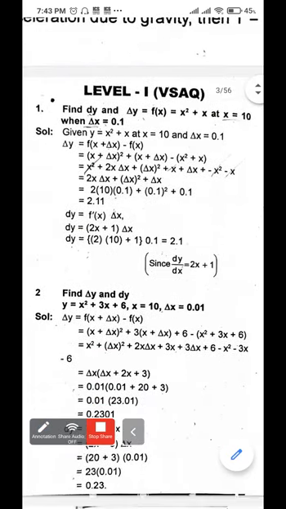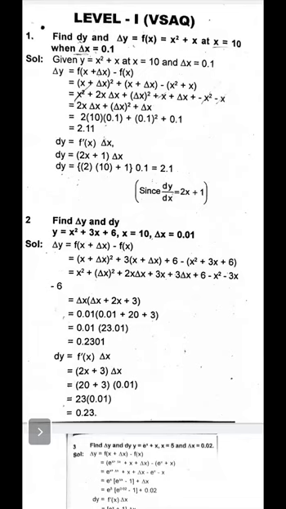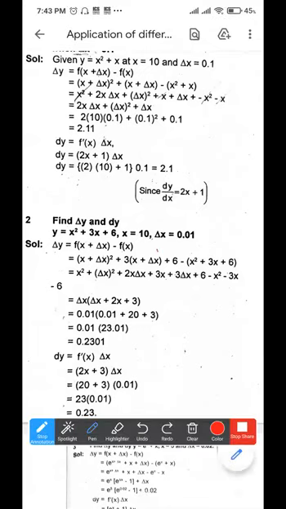Now y is equal to x square plus 3x plus 6, where x is equal to 10 and delta x is equal to 0.01. So now we know delta y is equal to f of x plus delta x minus f of x. Substitute it in this equation.